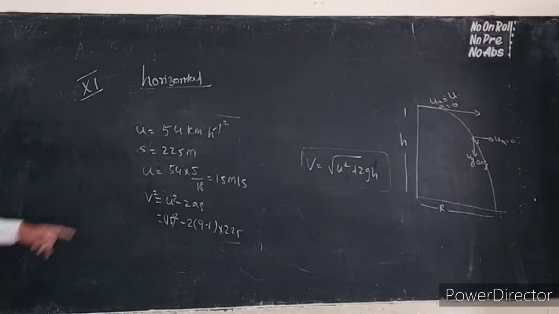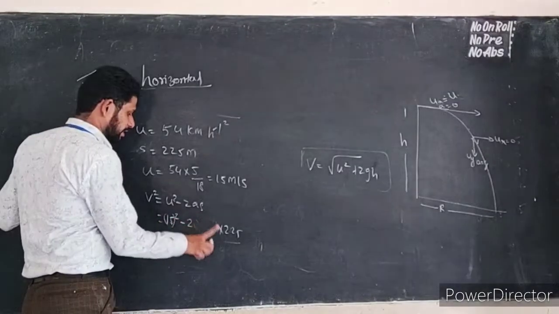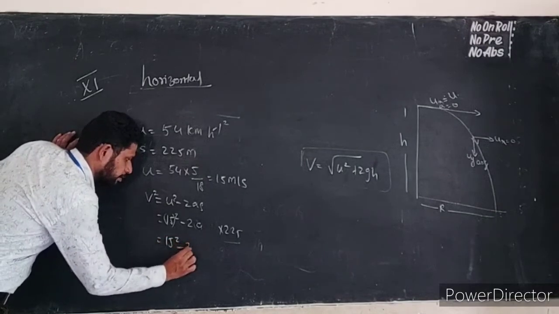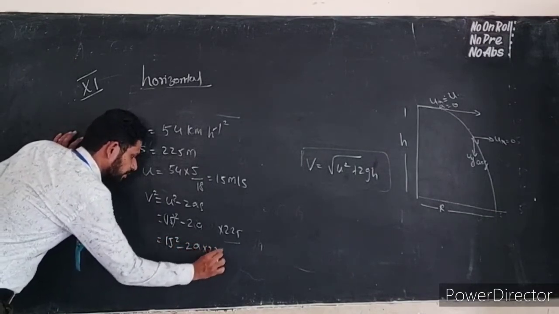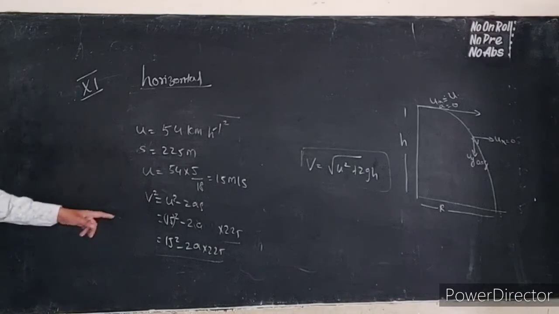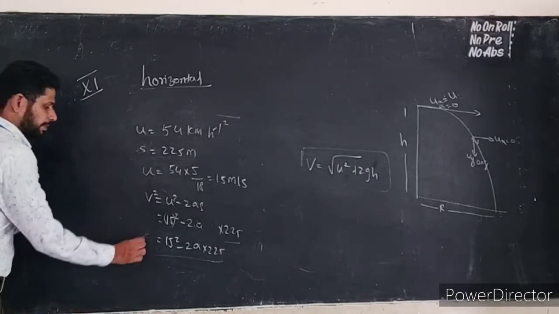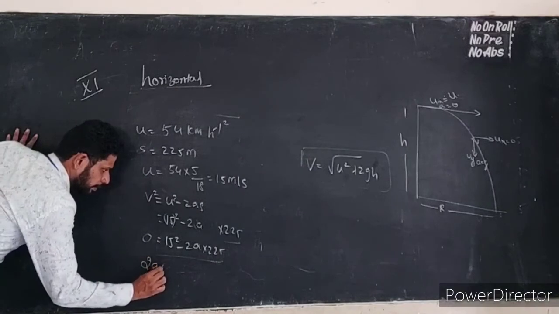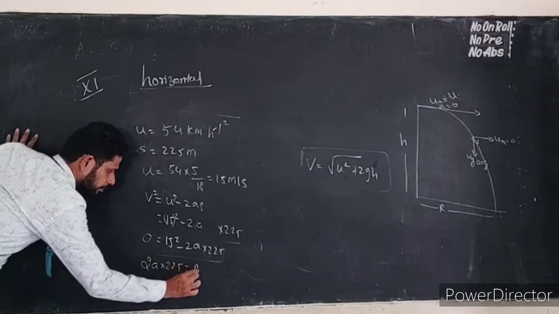We have to find the acceleration. So 15 squared minus 2a into 225, and v squared will become 0. So 2a into 225 will be equal to 225.